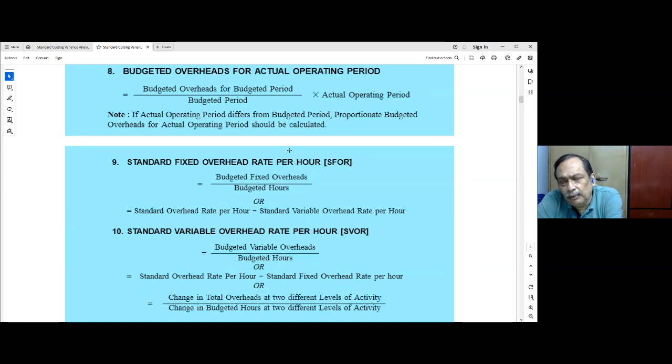Then we are coming to the most important, that is standard fixed overhead rate per hour. In short, it is called SFOR. That is budgeted fixed overhead divided by budgeted hours, or standard overhead rate per hour, that is total standard overhead rate per hour minus standard variable overhead rate per hour.